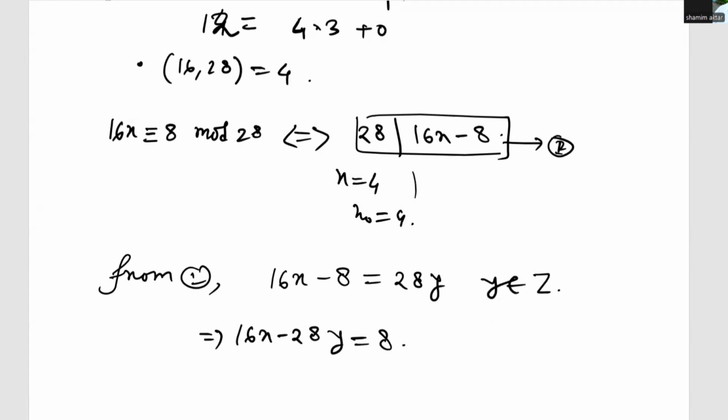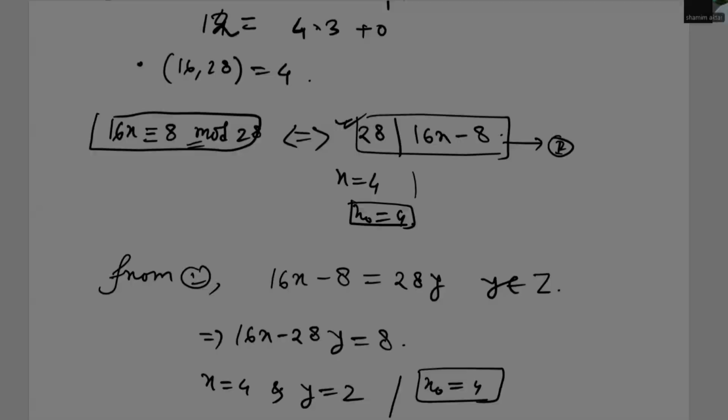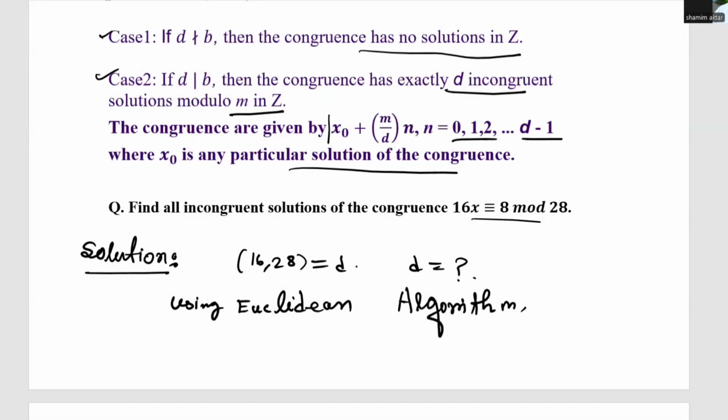If we put x equal to 4 and y equal to 2, then clearly this equation is satisfied. So the value of x is the corresponding solution of the congruence 16x ≡ 8 mod 28, so here also x0 equal to 4. In this way we directly find x0. Next we find x0 plus (m/d) times n.